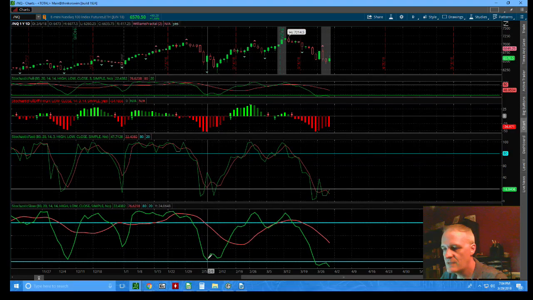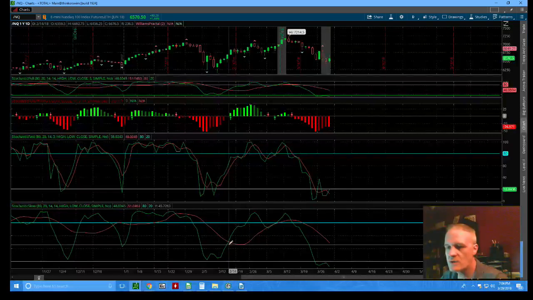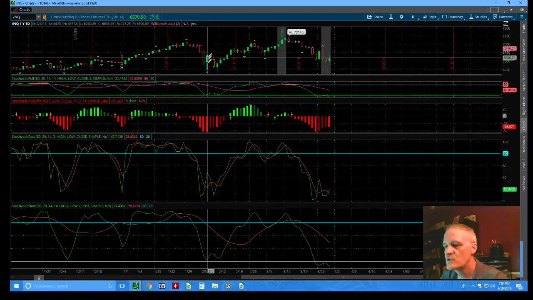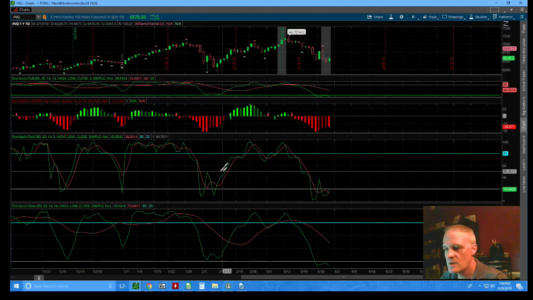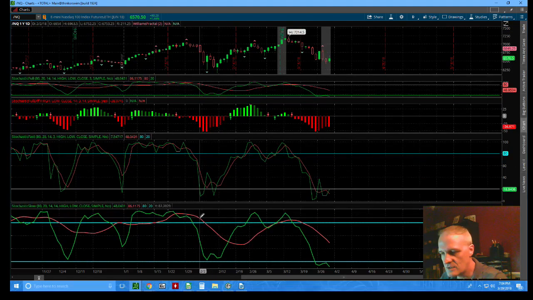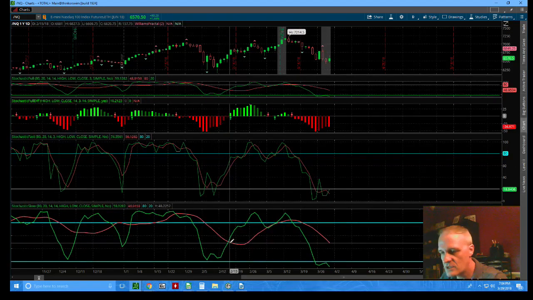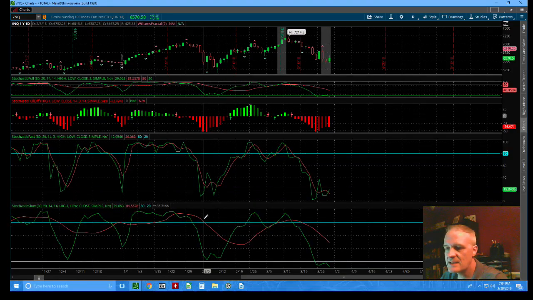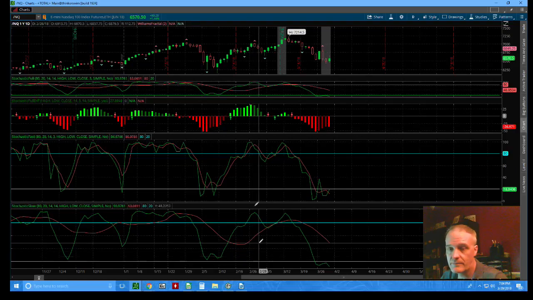And even though fast or slow K starts moving upward, there's no crossover. So you wouldn't have been faked out here because the slope of slow D still indicates some residual downward momentum.